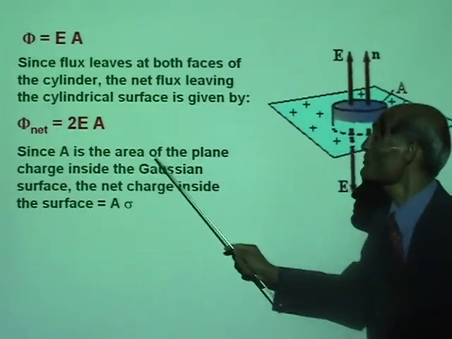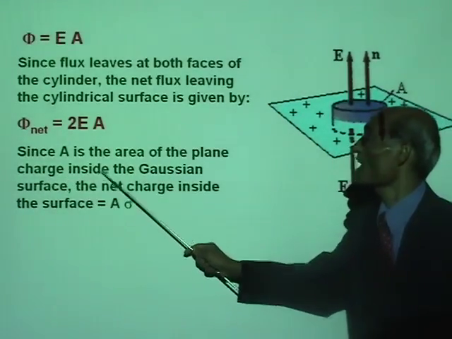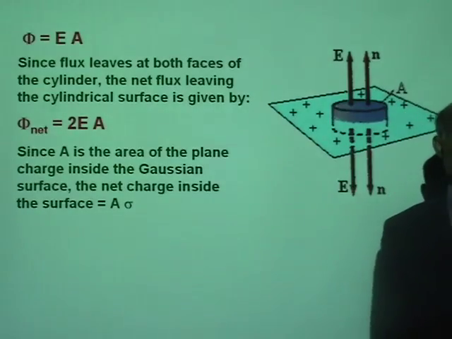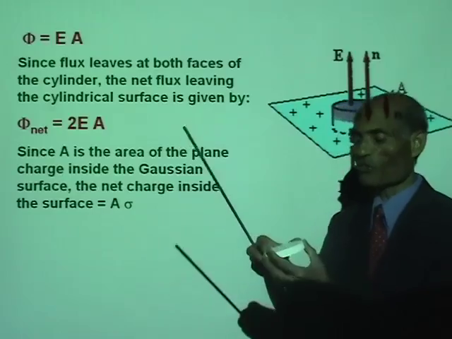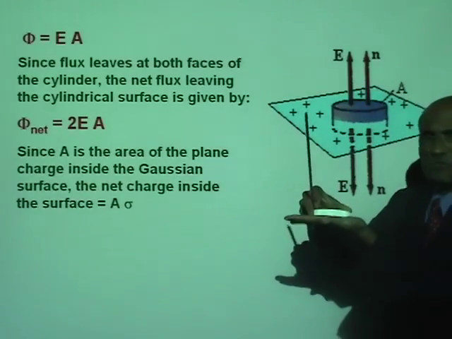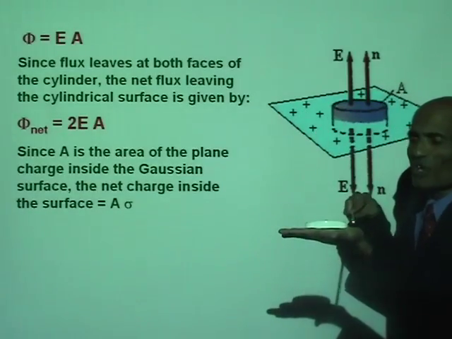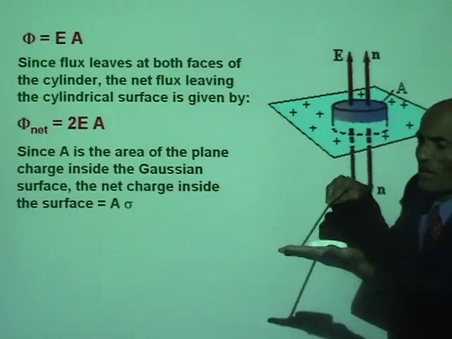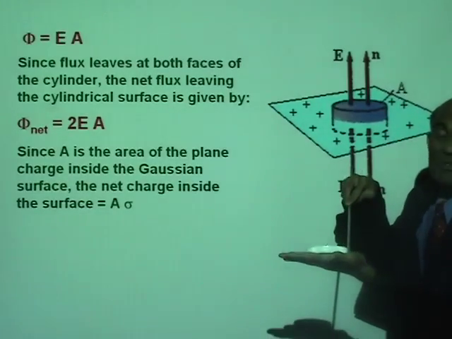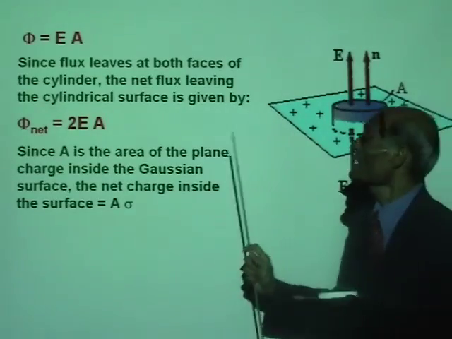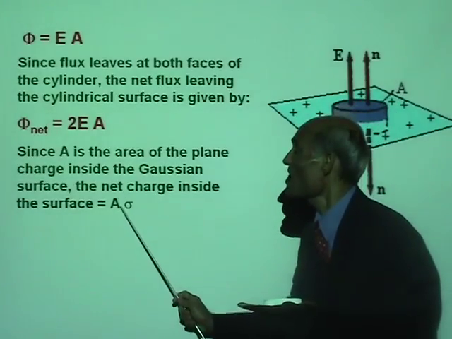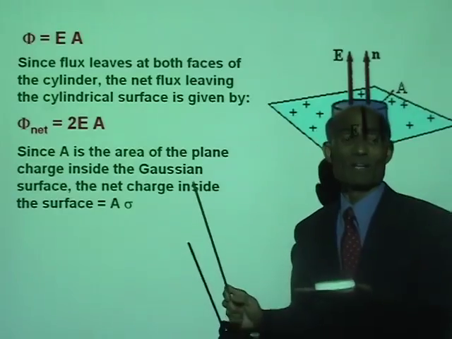Since A is the area of the plane charge inside the Gaussian surface, can you now tell me, this pillbox contains the amount of charge on an area A, and the surface charge density is sigma.